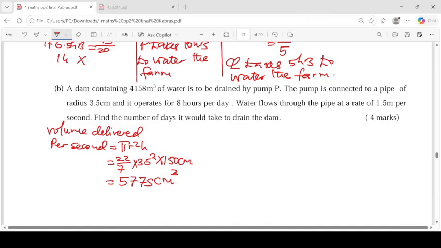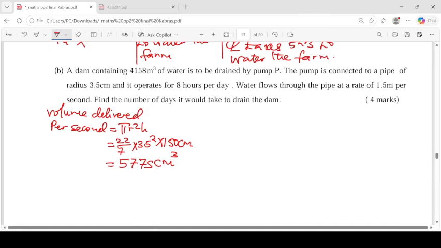Let me put it this way: if in 1 second it delivers 5,775 cubic centimeters, what about this total volume of 4,158?